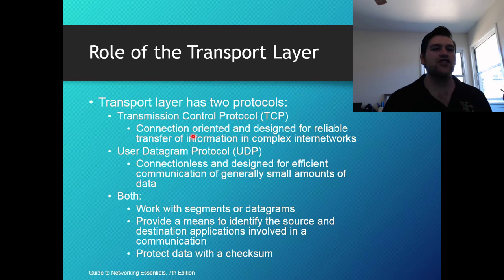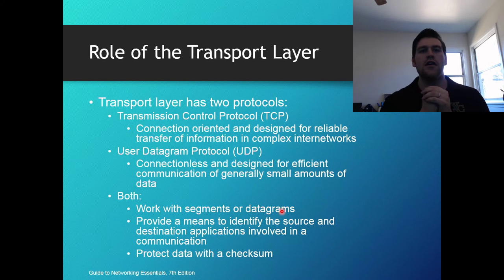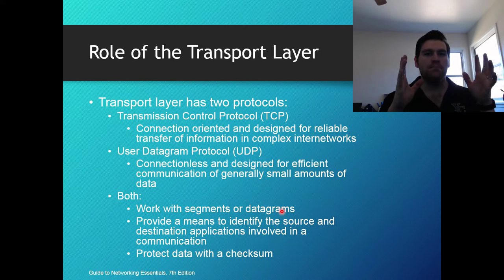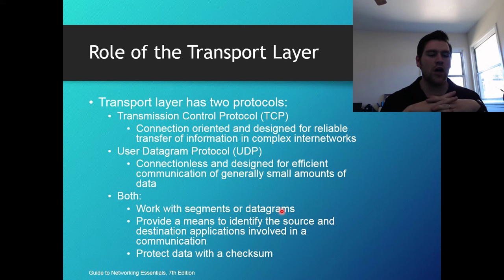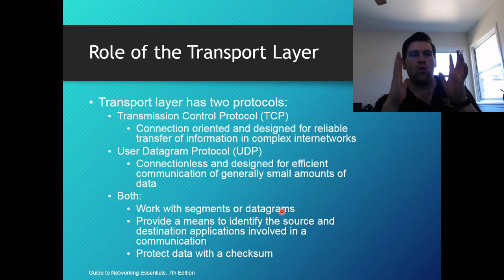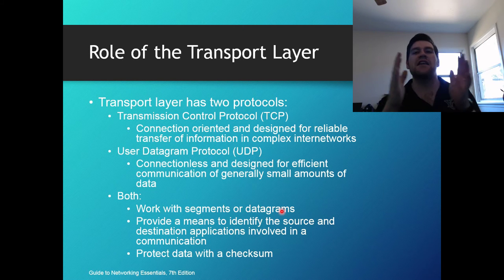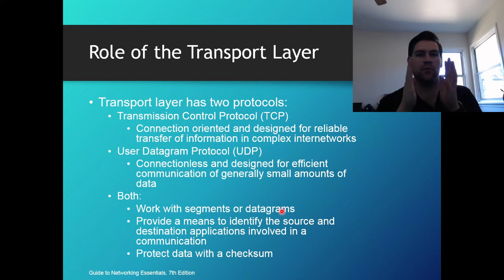Both break data down into smaller chunks, either segments or datagrams. Often datagrams don't have multiple chunks that go together to make a larger chunk. Segments are typically smaller pieces of a bigger puzzle, where datagrams are the entire puzzle in one contained unit. They don't require segmentation because they're self-contained.